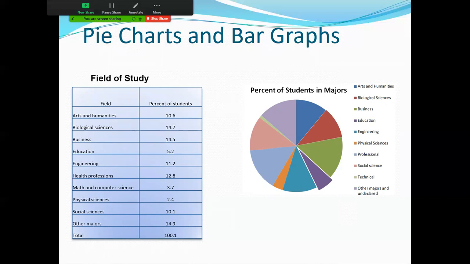So other majors. And actually that looks like education is the wedge that's pulled out there. And at 5% for the education wedge, you can see that the other major wedge is about 3 times as large. So that checks.